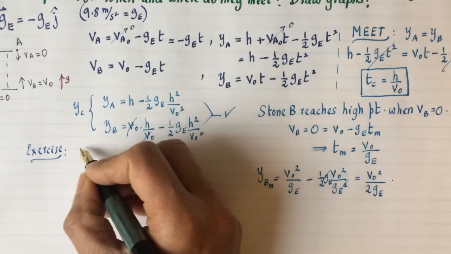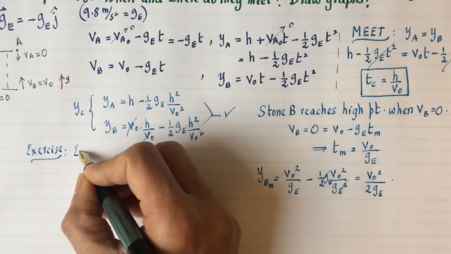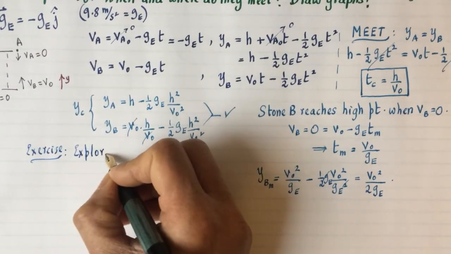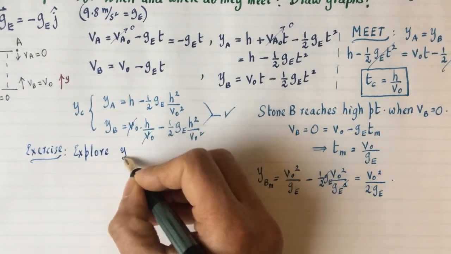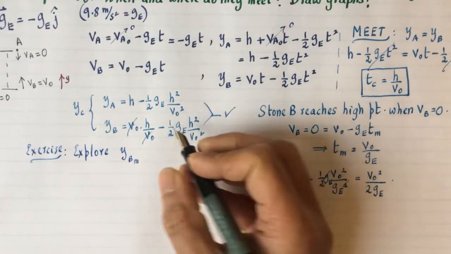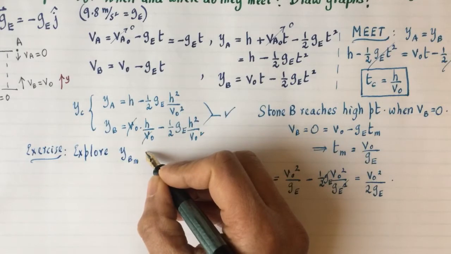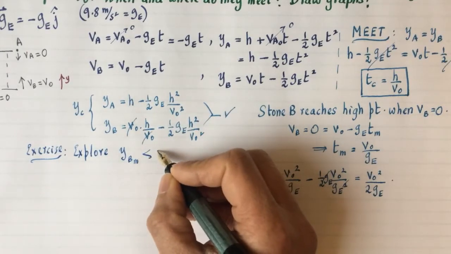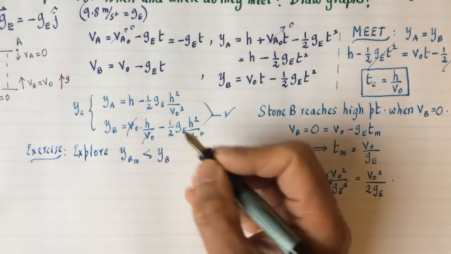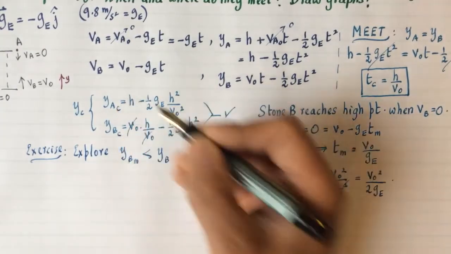An exercise for you is to explore what happens when you set YB max less than YB critical.